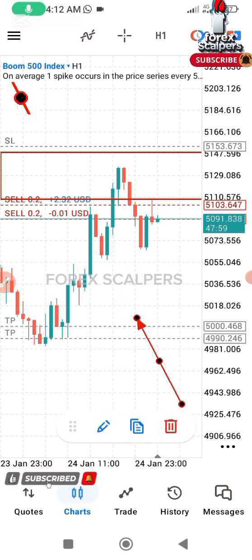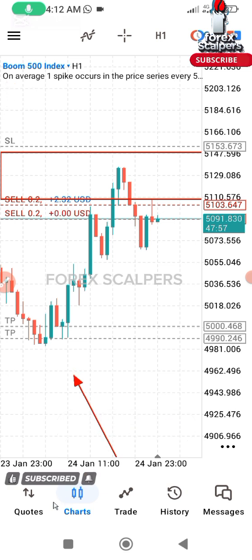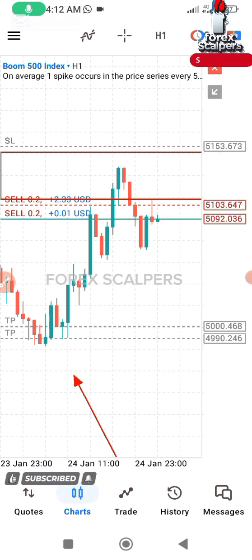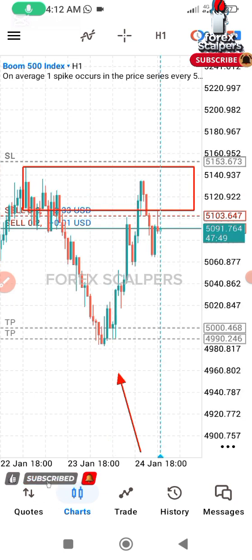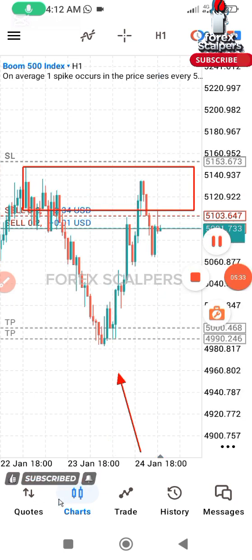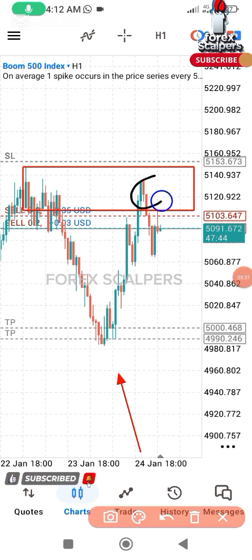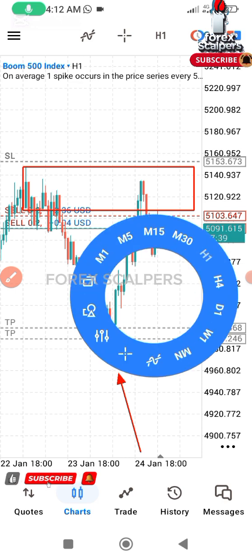If you were to make this entry based on break of structure, what you would have done is that immediately price came into this zone, you would move to your 15-minute time frame.